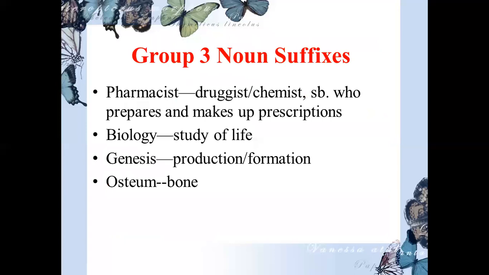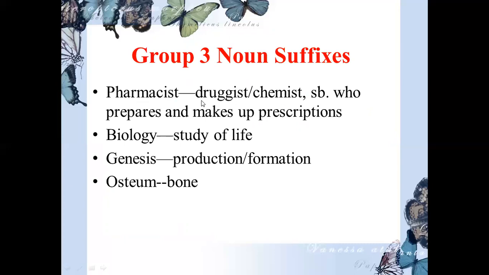Well, let's come to next, ist. Ist means specialist. So the first word is dentist. Dentist means specialist in the study of teeth. And pharmacist. Pharmacist in British English, you can also call the person chemist, right?